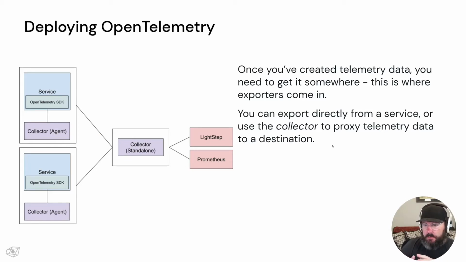Now, the second big part, well, I guess the third technically, so we have the API, the SDK, and then tooling. The tooling is not only this collector, which is a way to aggregate telemetry data from multiple service instances and then forward it on somewhere.